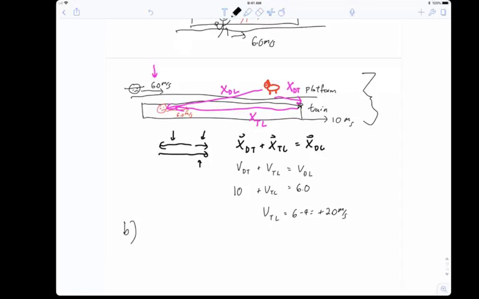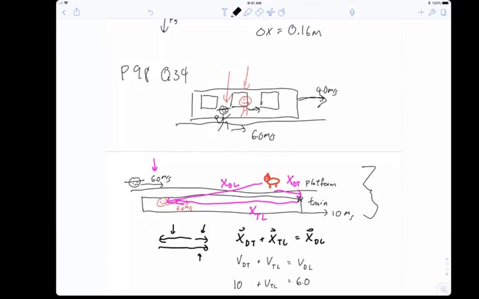And so you rearrange this and you get the velocity is 6 minus 10, which is minus 4.1 meters per second. She has to run backwards at 4 meters per second inside the train to keep up. So at the first bit, she's running forward in the train. But then as the train speeds up, she has to run backwards to keep up.